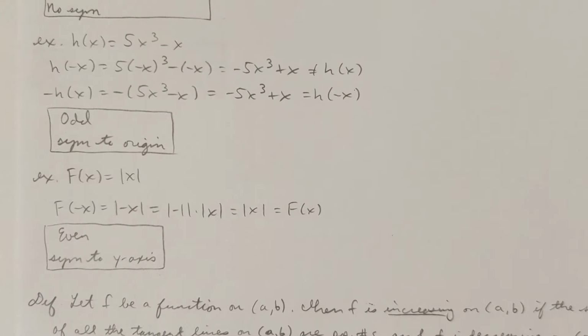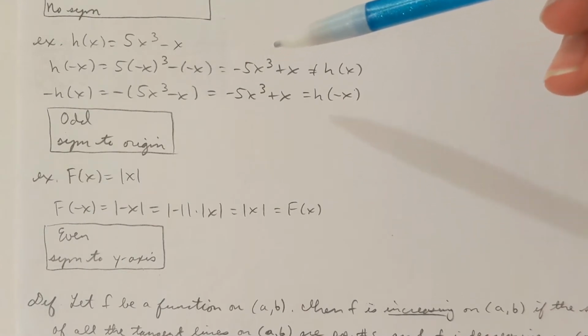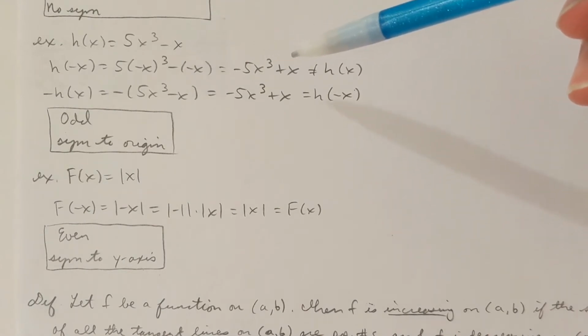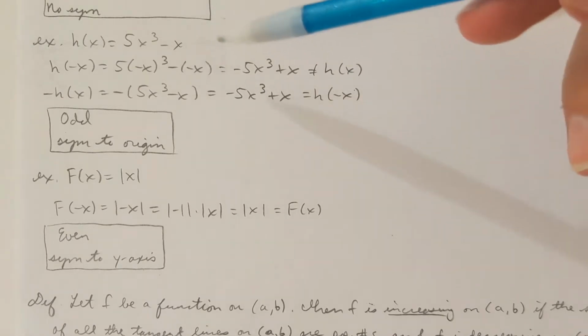Suppose we have h of x equals 5x cubed minus x. H of negative x equals 5 times negative x cubed minus negative x. That'd be negative 5x cubed plus x, which is not equal to h of x.